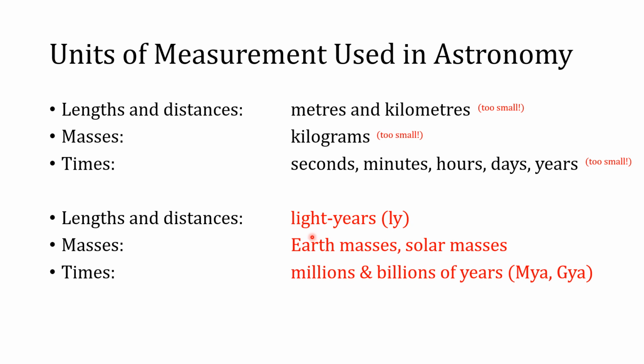Right, and so we do this with Earth masses, but we also do it with solar masses. And that's the mass of the sun. So the sun is like 1,000,000 times heavier than Earth, give or take. And so if we find that Earth masses are too small for whatever we want to measure, then we'll use solar masses instead.